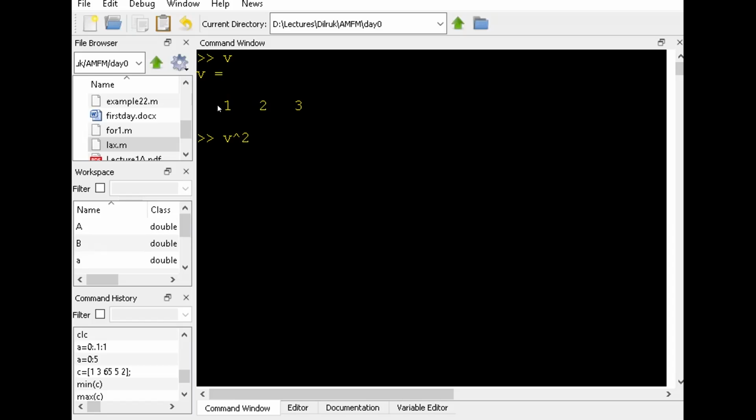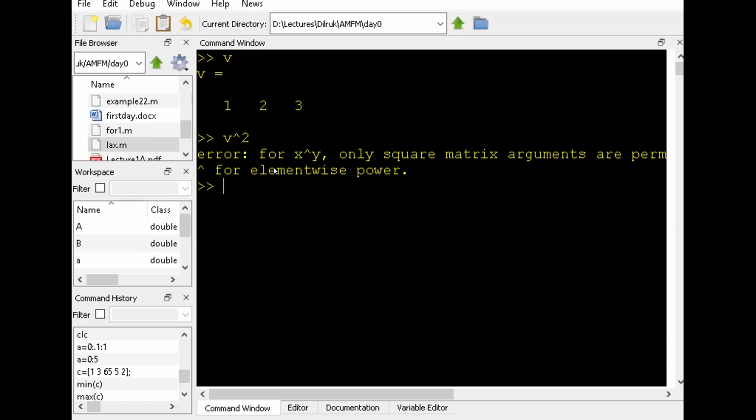But we are doing the element wise operation. So if you type in this way, this gives you an error, right?